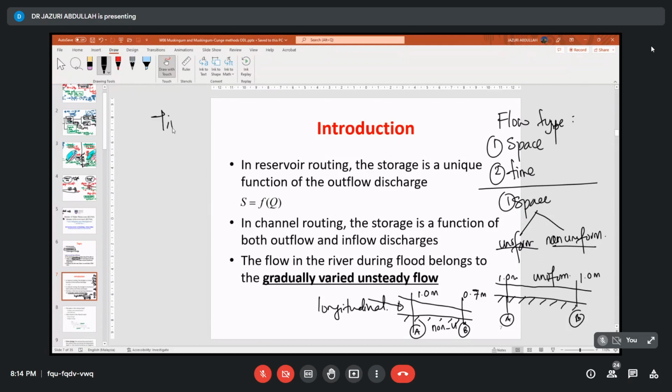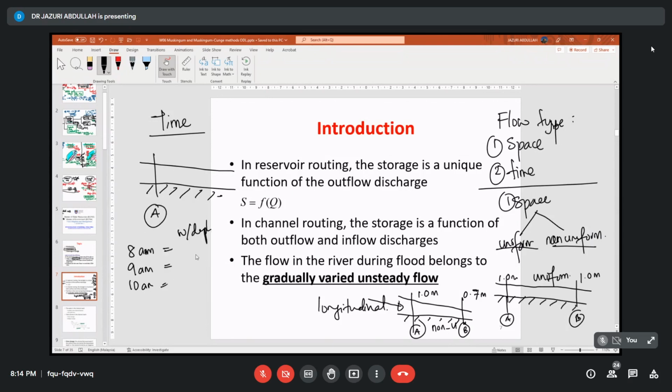Okay, so in term of time, maksudnya you do the analysis, you look into the specific area. Let's say this is point A, but you stay at the location, at 8 in the morning, 9 in the morning, 10 in the morning. So the water depth at 8 is let's say 1 meter, this is also 1 meter, this is also 1 meter.